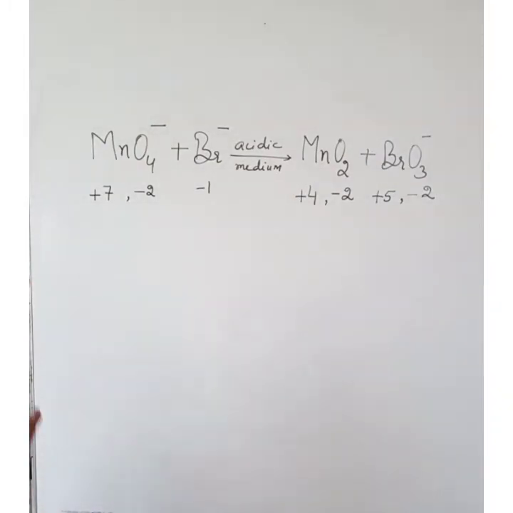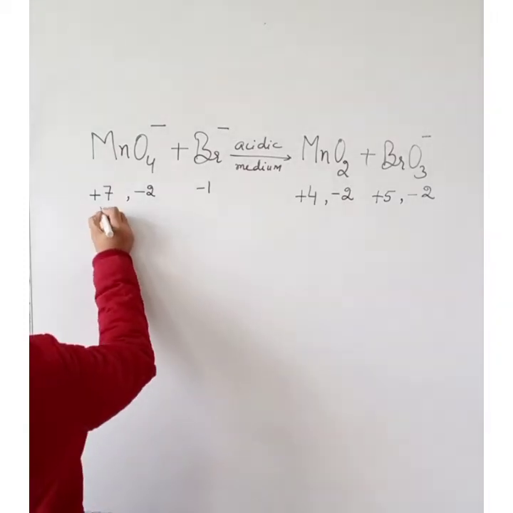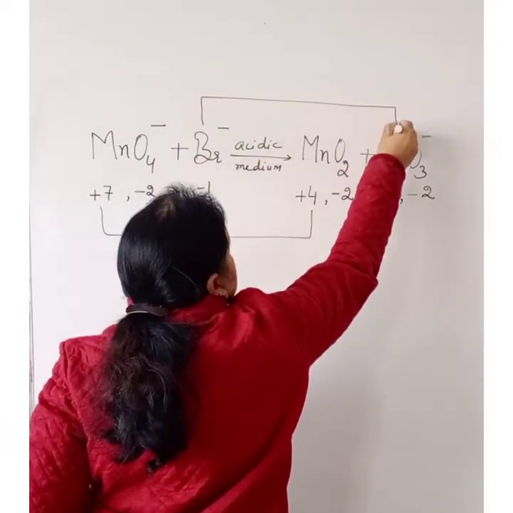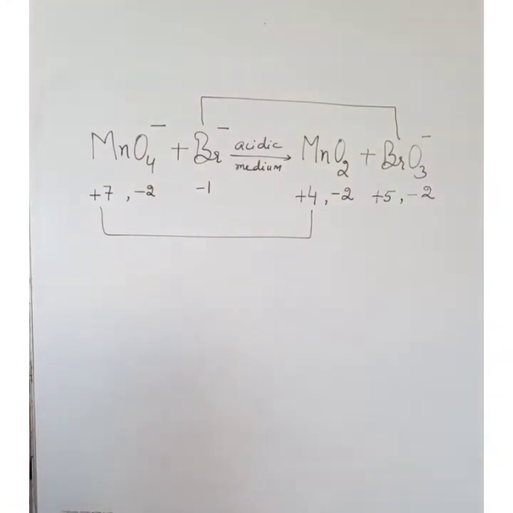Then connect the elements which are undergoing change in oxidation number, except hydrogen and oxygen. So I am connecting Mn with Mn and Br with Br. We have ignored hydrogen and oxygen.